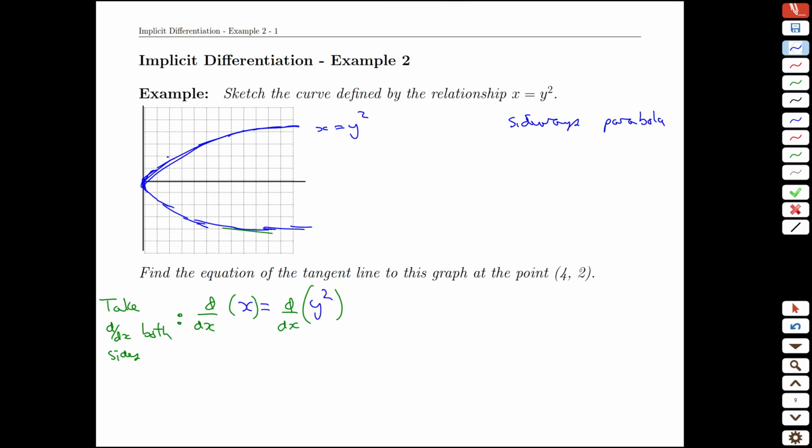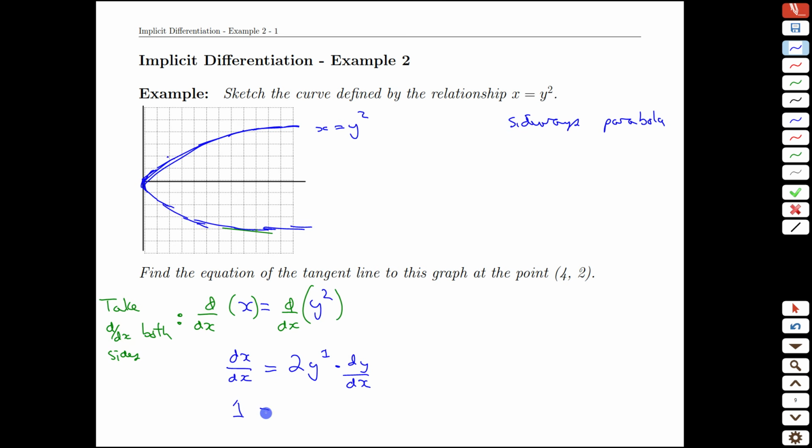When we do that, I'll be explicit again here. When we take the x derivative, we get dx/dx. Y squared, the derivative of anything squared, is 2 times the same thing to the power 1, then times the derivative of the inside.